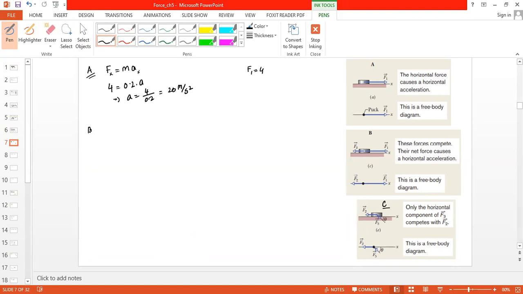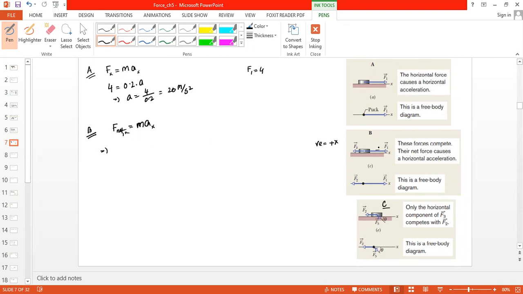This is part A. And in part B, I have two forces here. One force is acting along the positive x direction, the second one is along the negative x direction. So if I consider plus x as positive, then F1 is positive, F2 is negative. So now my formula is F net x equals max.